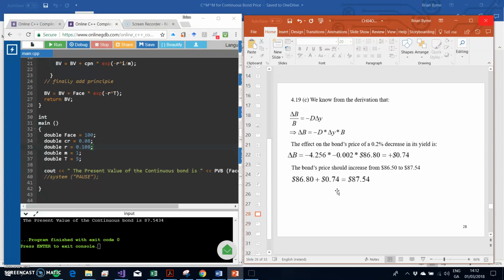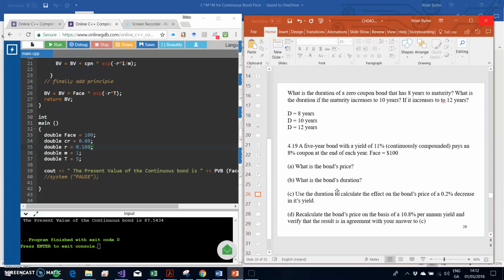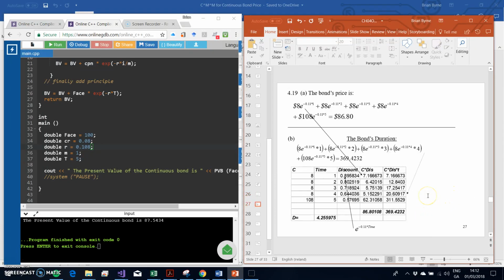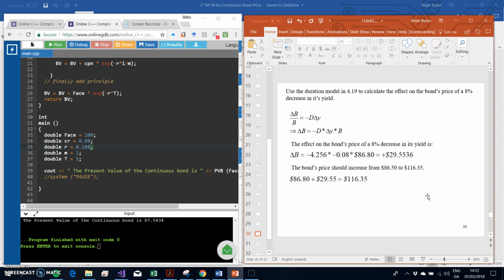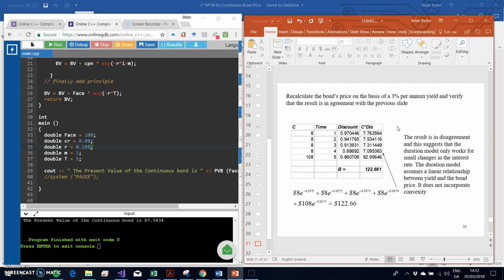The second thing we might consider here is, what if we had a much larger change in the interest rate, not a reduction of 0.2%, but a reduction of 8%? So we went from 11% and reduced the interest rate by 8%.